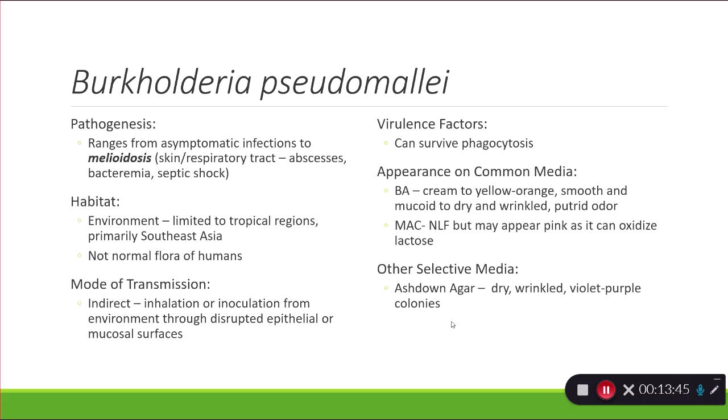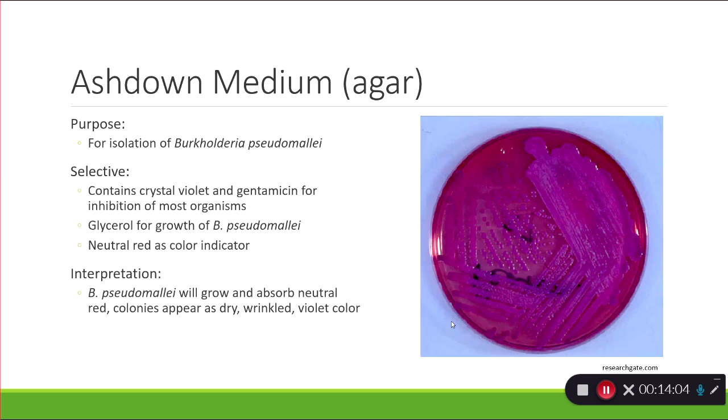On blood agar, it's cream to yellowish orange, smooth and mucoid to dry and wrinkled, and has a putrid odor. On MacConkey, it's a non-lactose fermenter, but it can appear pink as it can oxidize lactose. Other media, Ashdown agar. It causes a dry, wrinkled, violet-purple colony. It's kind of cool looking.